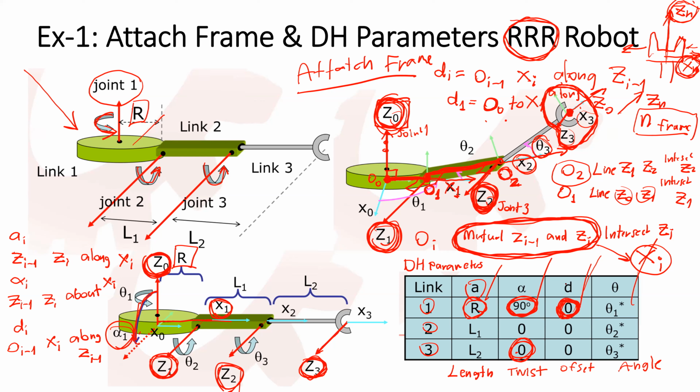So the offset of link 1 is the distance measured from O0 to x1 along the z0.